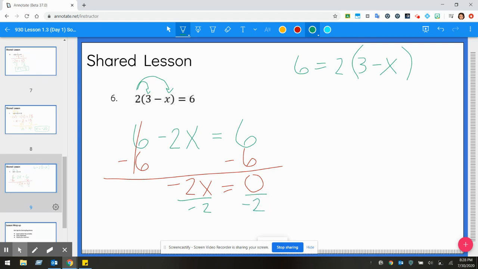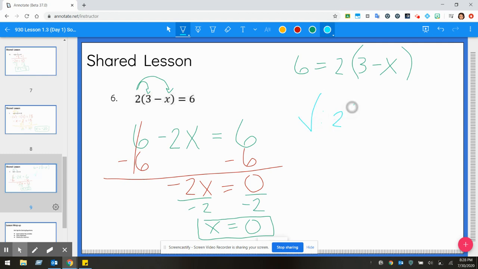Negative 2x divided by negative 2 is just x. 0 divided by negative 2 is 0. Can a variable equal 0? Yes, it can. And again, just to go ahead and show you, you can always go through and check your solution.